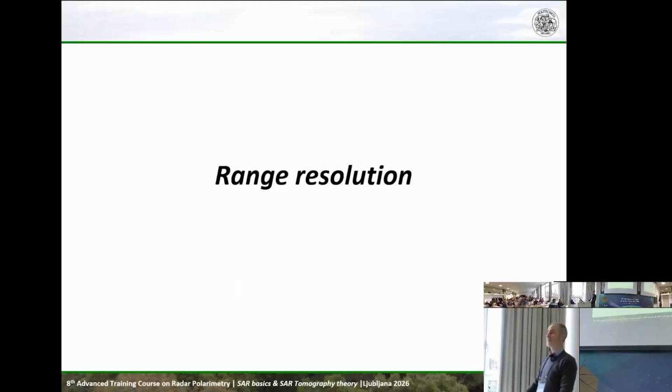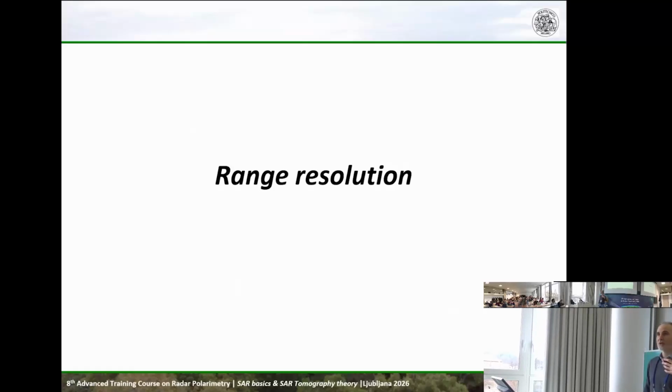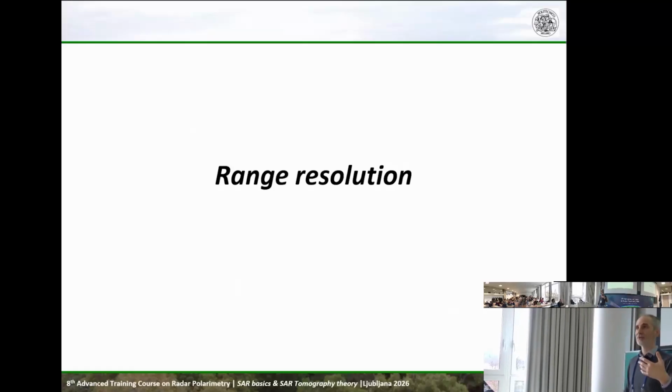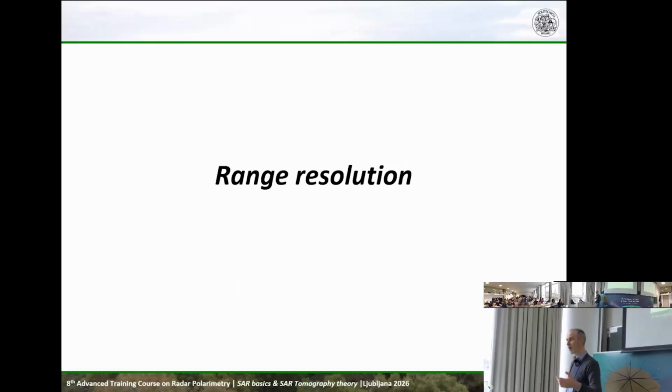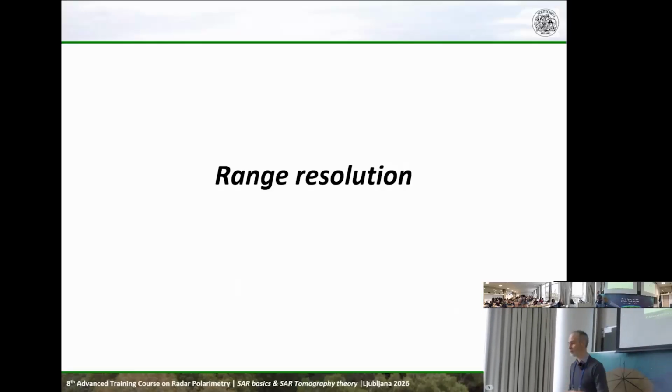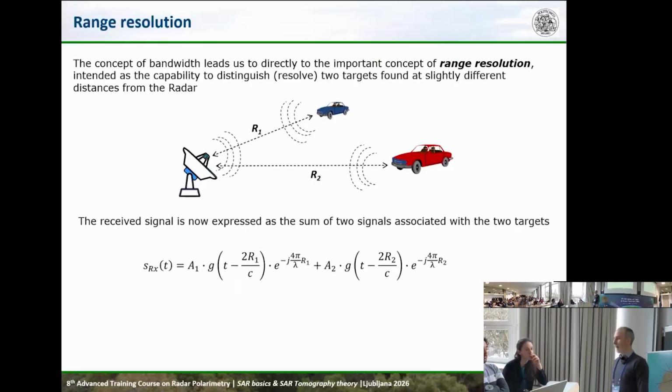So with this, we can now start to attach some physics to our geometrical interpretation of radars. And the first concept we need to attach is range resolution. What does it mean? We saw the signal that you receive from a single target.